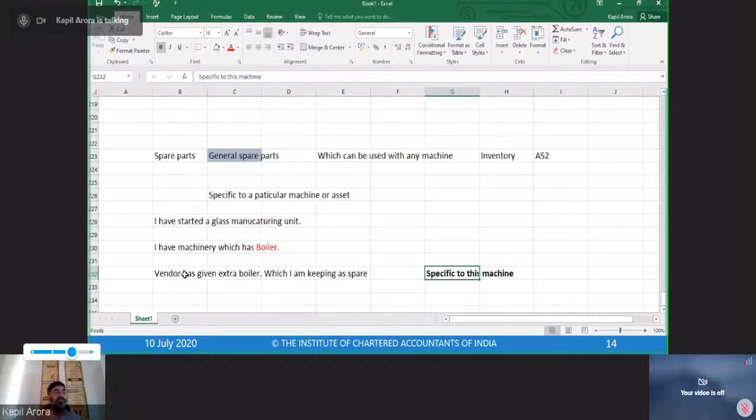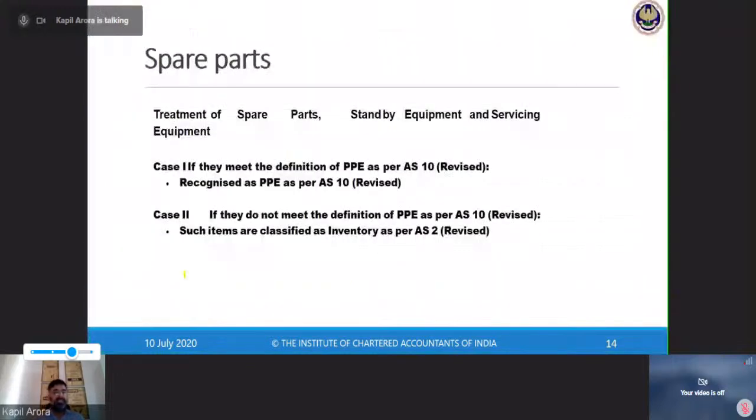I don't know when it may be required. So when it is going to be used with the specific machine only, and it has a life of more than 12 months, it means this extra boiler meets the definition of PPE and will be classified under AS10. Is this okay with everybody?